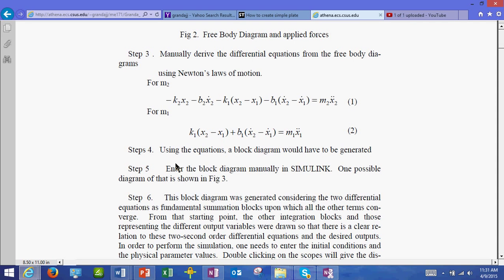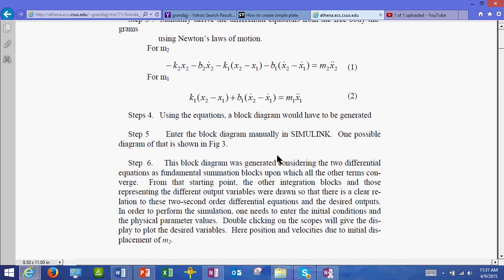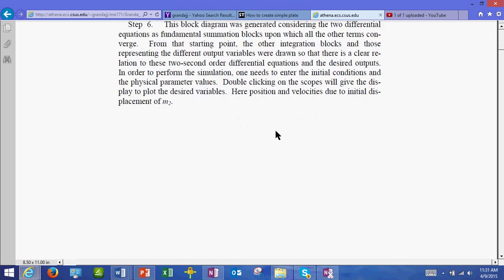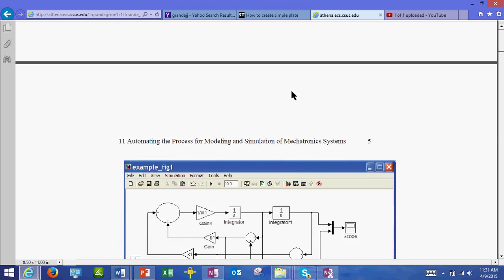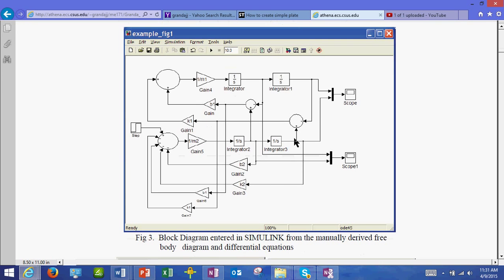This is the normal way, and then using the equations and a block diagram, you will generate the model in Simulink. This block diagram may look like this. See? This is the block diagram that we use in Simulink. And from here, we could pick up any of the outputs that we want.